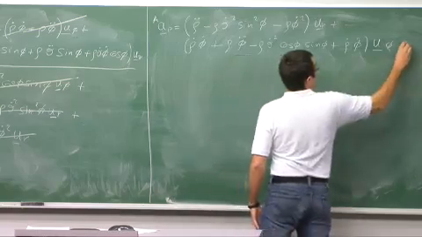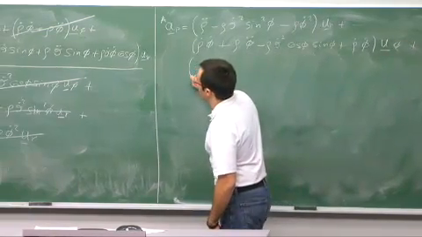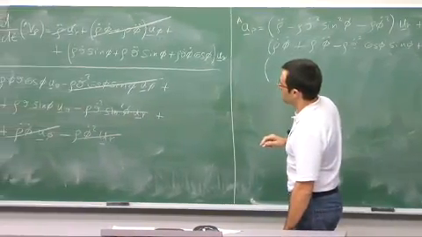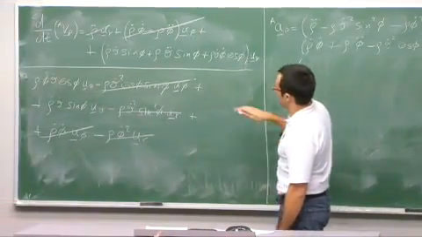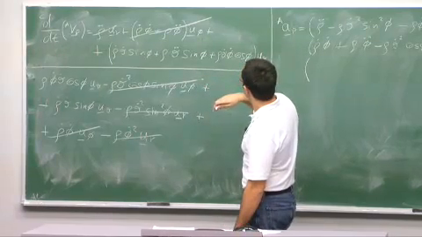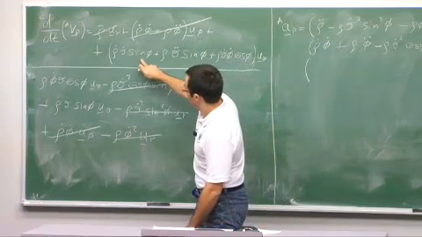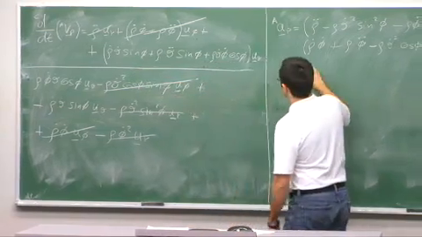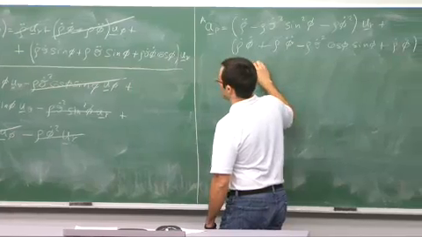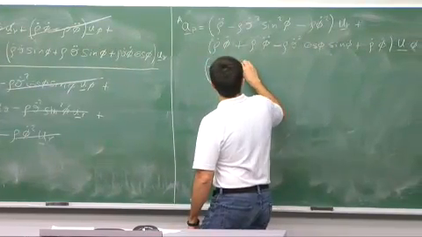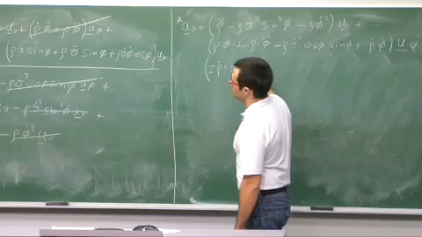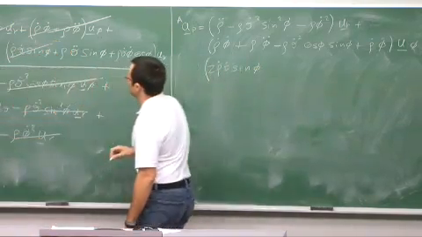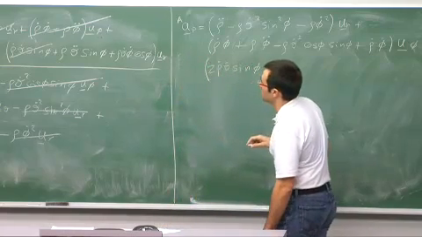Last one is this long expression here. Do we see similar terms? Yeah, this one, right? Twice this one. So 2 rho dot theta dot sine of phi, and then I don't see any other similarities here, to be honest.